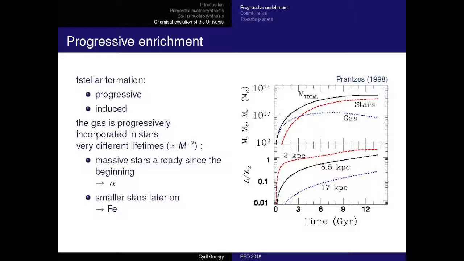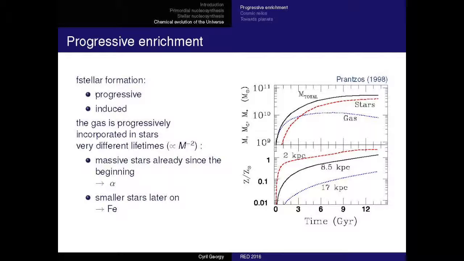Here you have the effect of the enrichment. Again, the time here, and here is this famous metallicity. Everything that is not hydrogen and helium is counted here. One is the metallicity of the sun, so about 1.5% of the mass of the sun is composed of what we call metals.